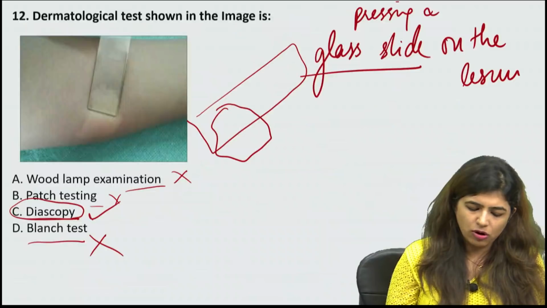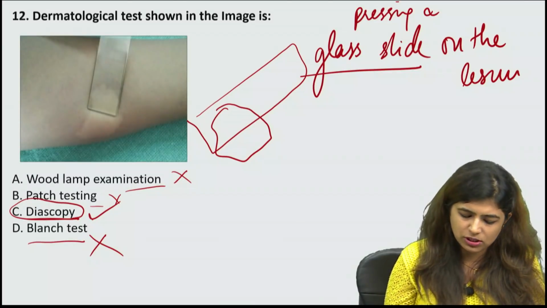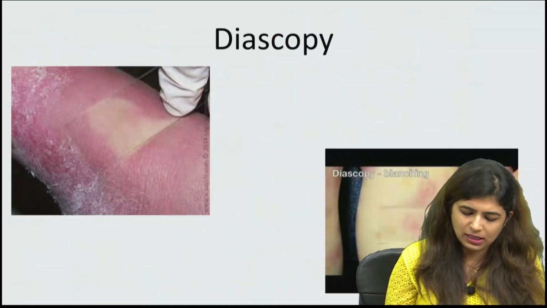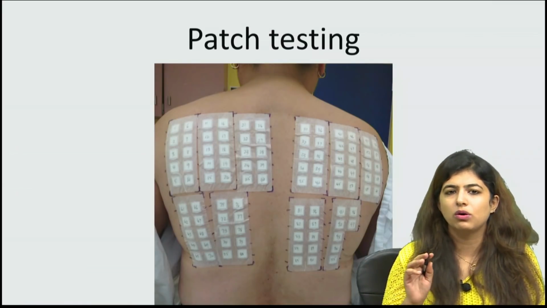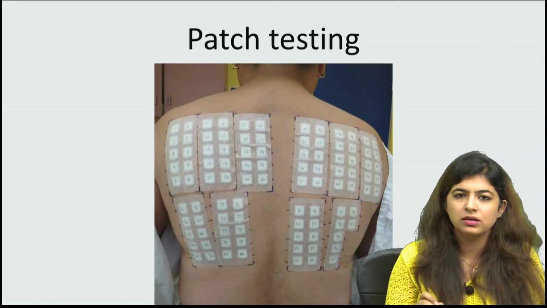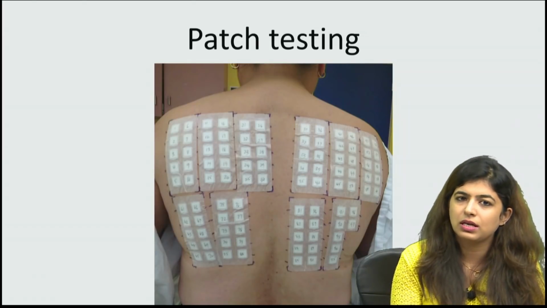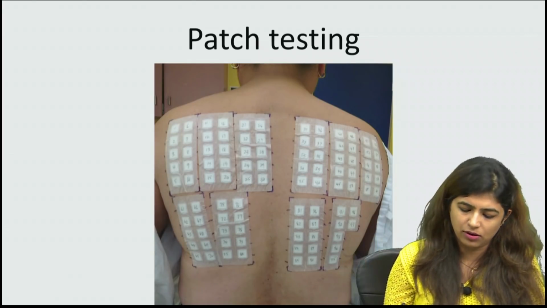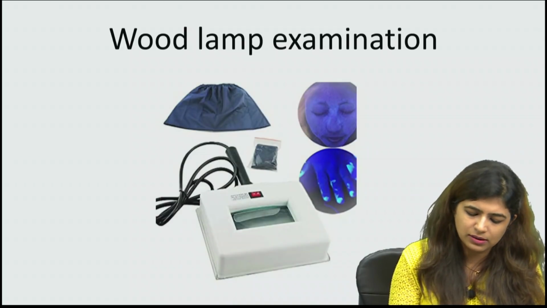Then what were the other options? The other options were Wood's lamp and patch test. I have also included the images of that here so that you identify those when given in the question. See, this is what a patch test looks like. You have multiple patches applied on the upper back of the patient. This can also be an image-based question. They ask you to identify what is happening here. Then Wood's lamp would look like this.